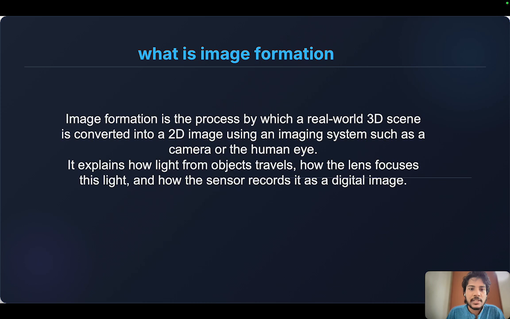Image formation is the process by which a real 3D scene is converted into 2D using an imaging system, such as a camera or the human eye. It explains how light travels from an illuminated object, is deflected after reaching a 3D object, and moves towards the camera or human eye.